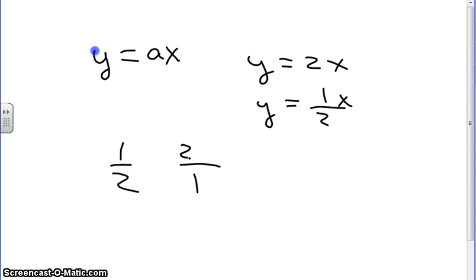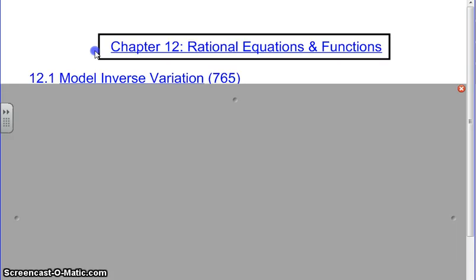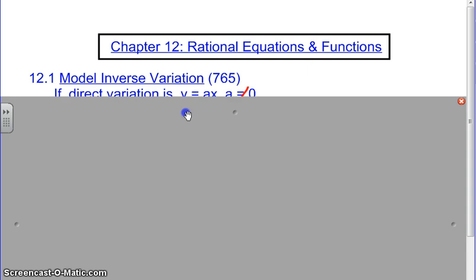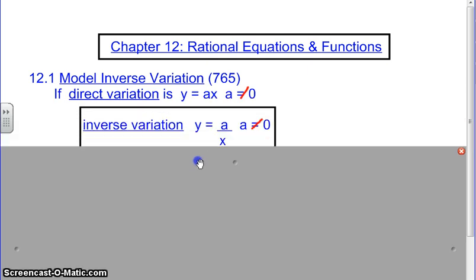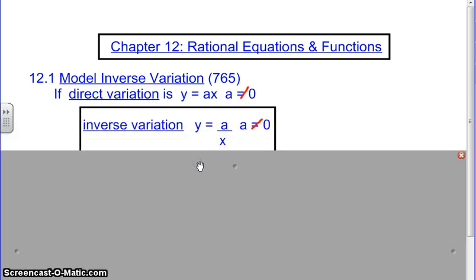So instead of moving the 2, we're going to say y equals 2 over x, right? And so we've moved the input, okay? So in inverse variation, the input is in the denominator. A is still called the constant of what?